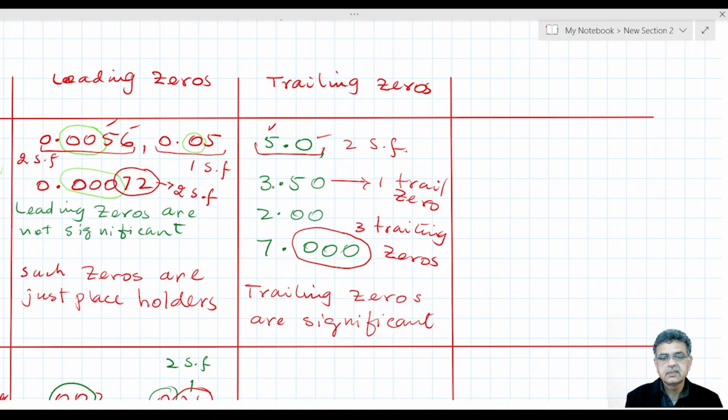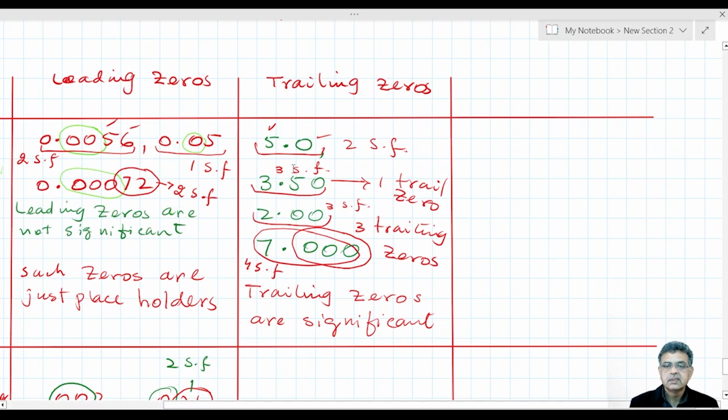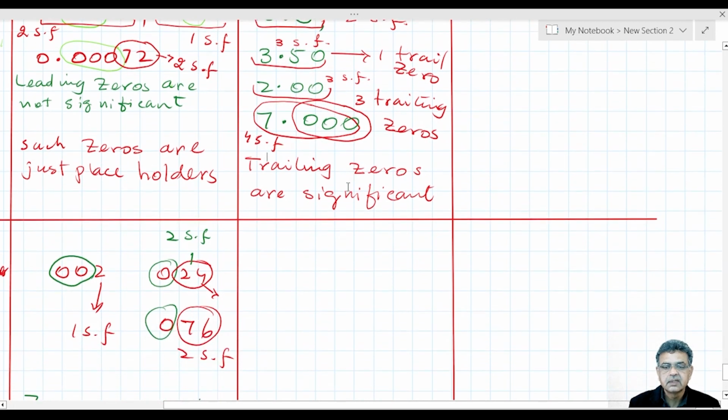So two significant figures. This number is three significant figures. This one, again, is three significant figures. And this number is four significant figures. So all the zeros are significant.